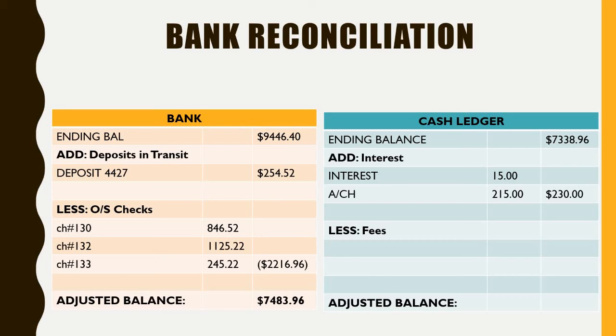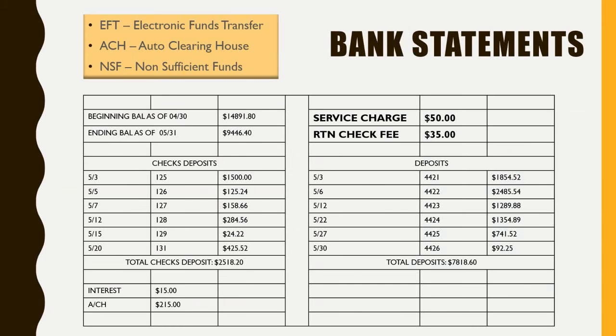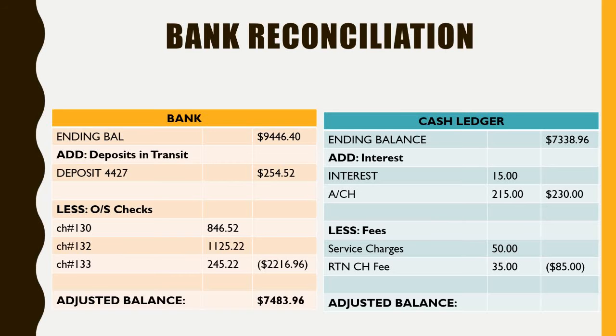Then you're going to subtract any fees that you've incurred, which should be at the very top of your bank statement, giving you all the fees that happened during the period. In this case, you had a service charge of $50 and a returned check fee for $35. So I pop that in there, and now I have to subtract a total of $85.